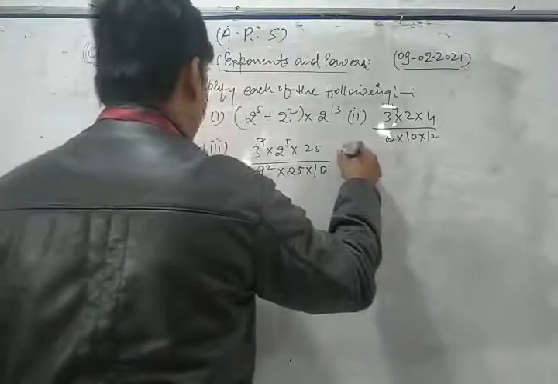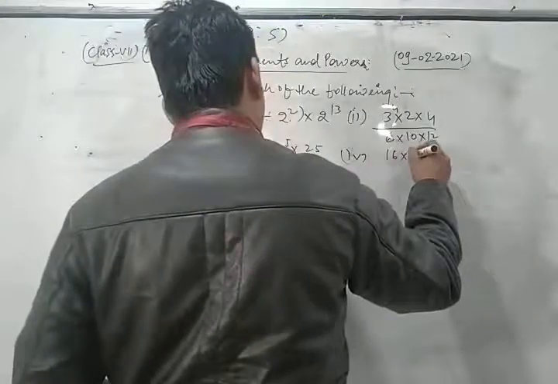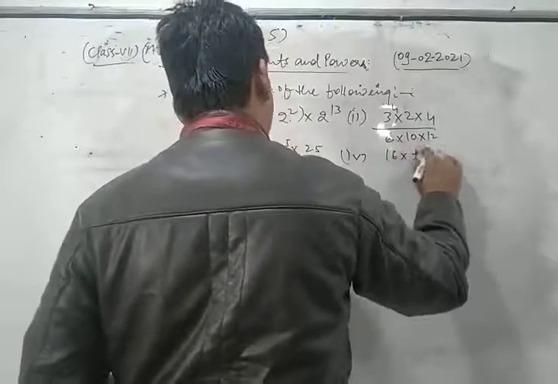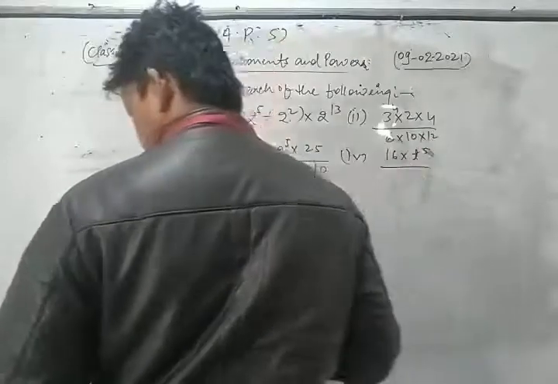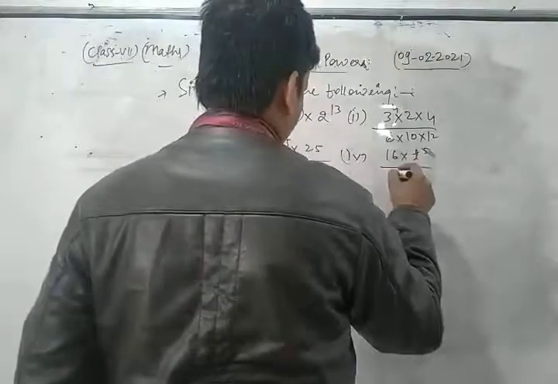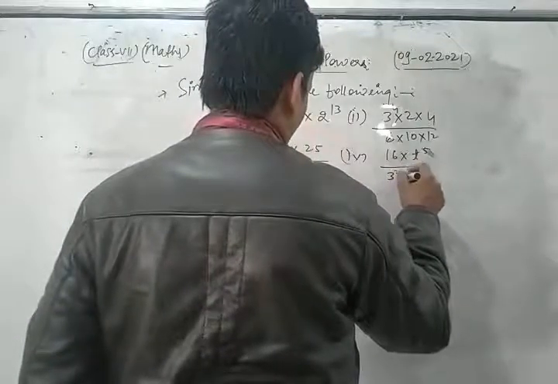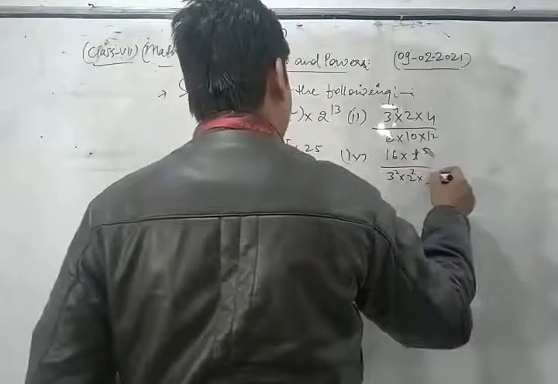And the last part of this question is 16 into t power 5 upon 3 power 2 into 2 power 2 into t power 2.